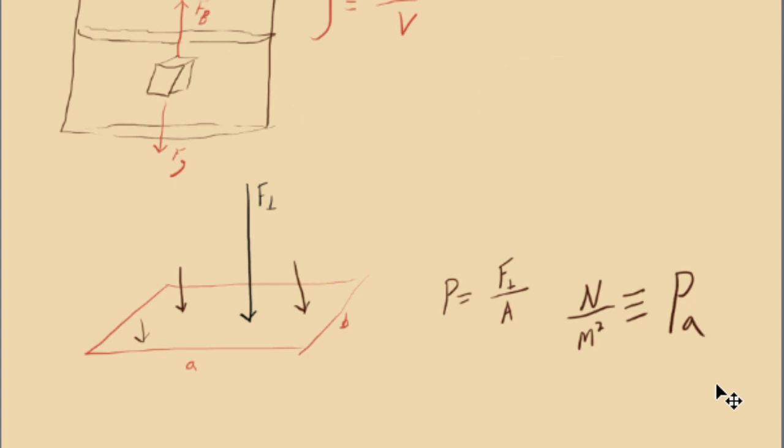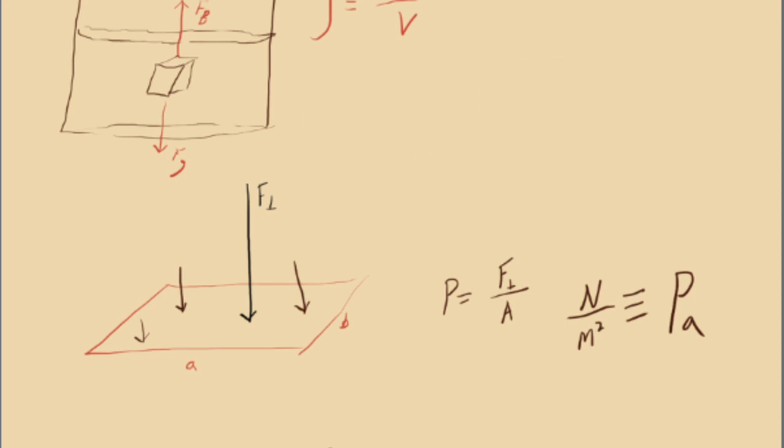There's many different units when you're dealing with pressure. You'll see there's psi, bars, atmospheres, millimeters of mercury, and there's many more. But we're going to be, for the most part, dealing with pascals, which is just newtons per meter squared.